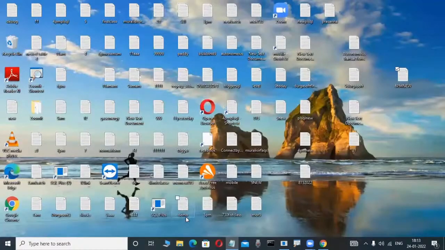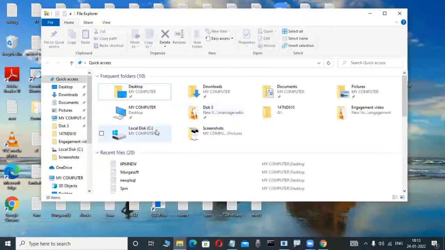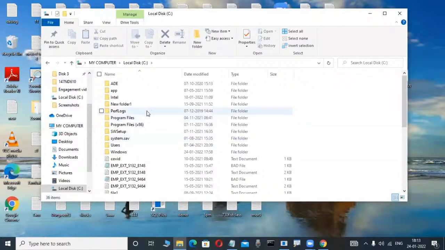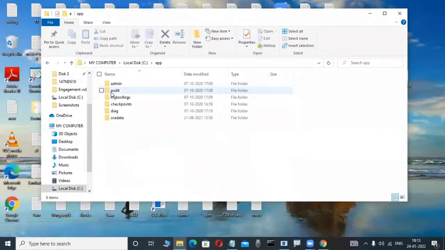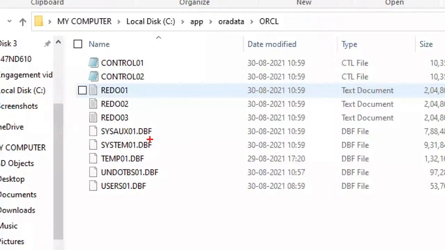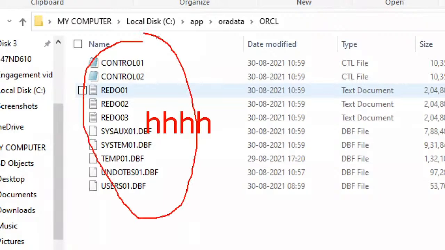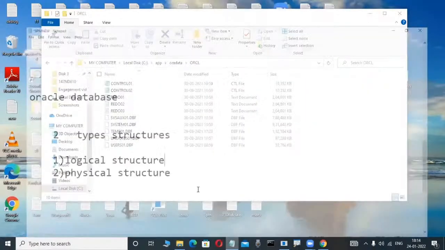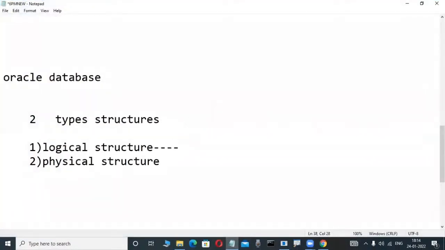I am installing Oracle, how you install Oracle we will learn in next classes, don't worry. Suppose I install Oracle in the C drive or somewhere. Whatever table I create is not visible in the C drive or D drive. That's why a logical structure means a structure which is not visible in the operating system.